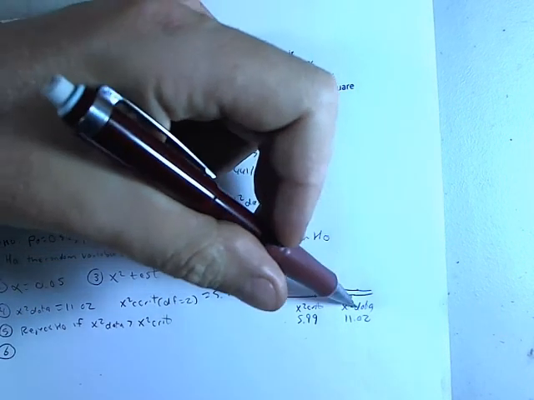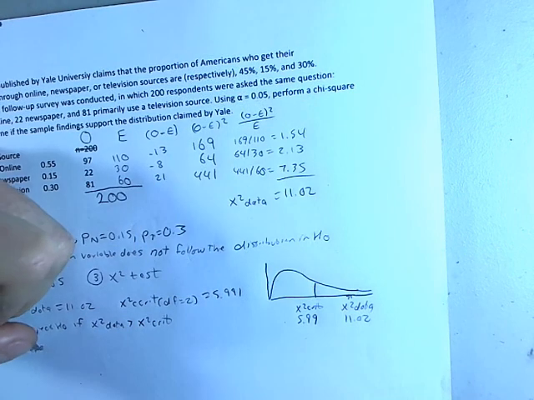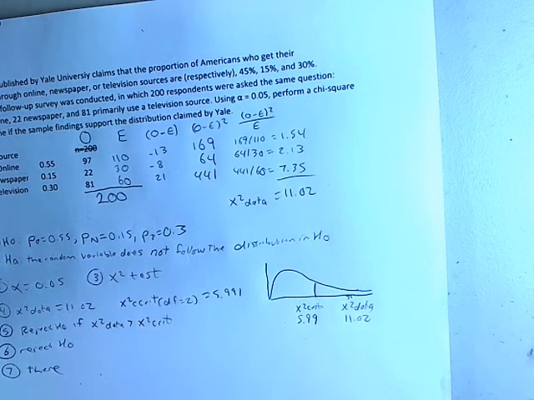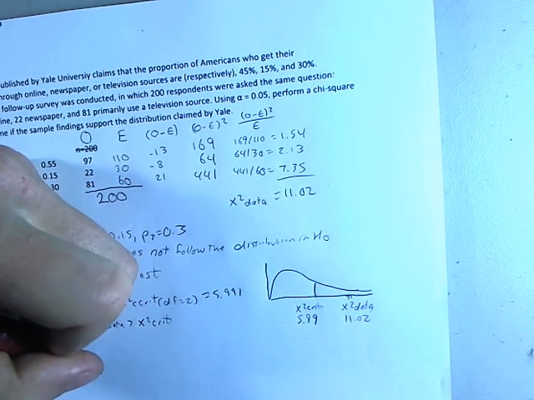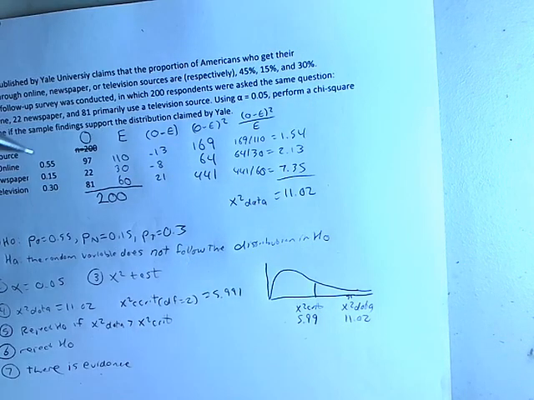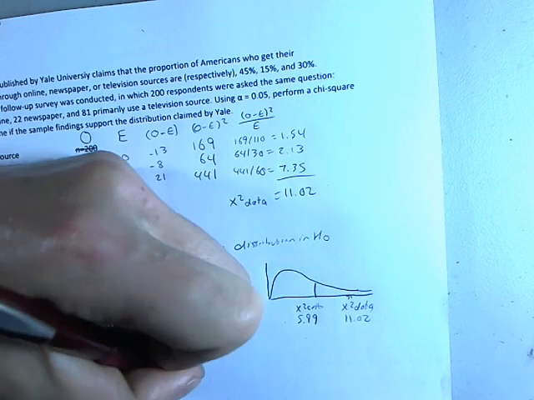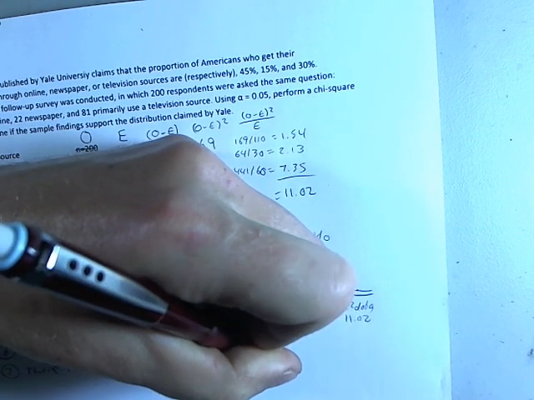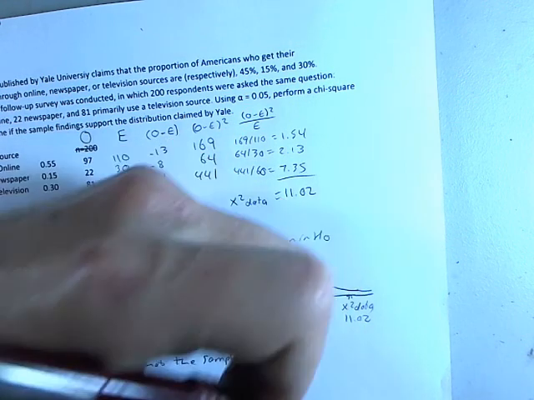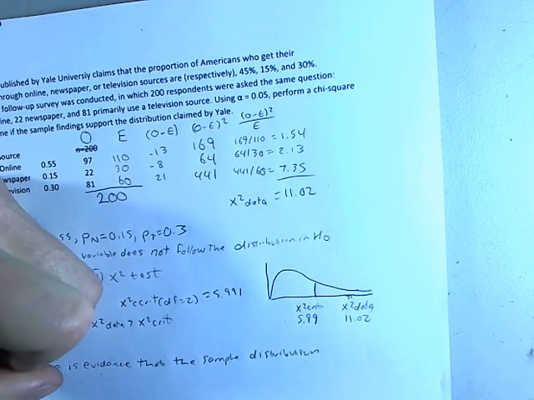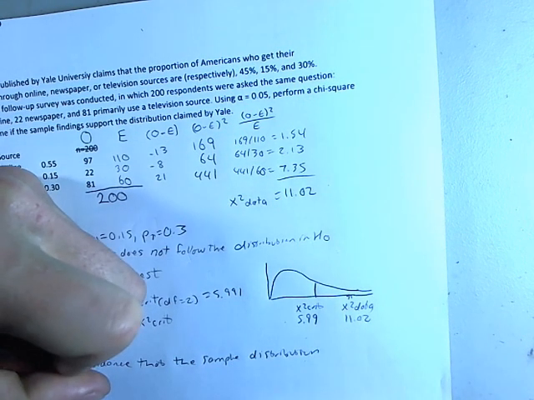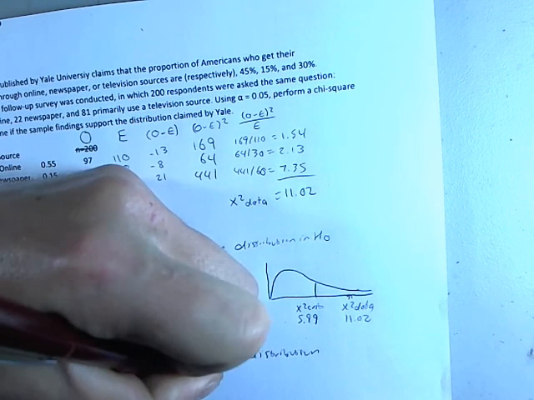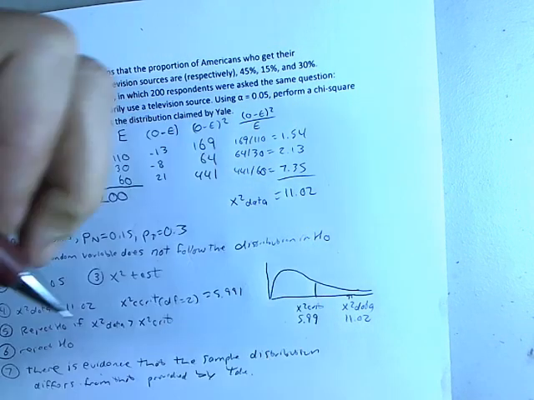In this case, chi-square data is greater than chi-square crit, so we're going to reject H null, and we are then able to say that there is evidence that the sample distribution differs from that provided by Yale.